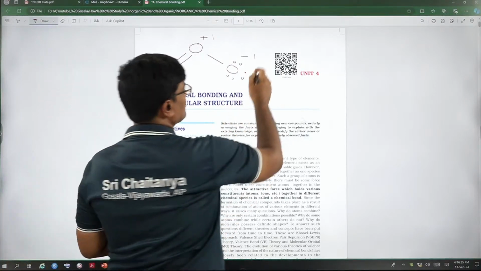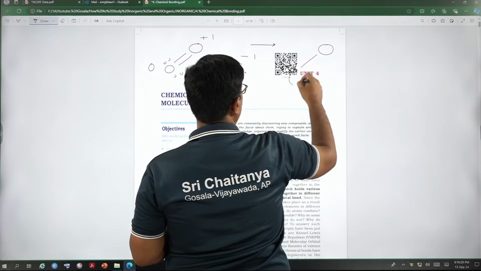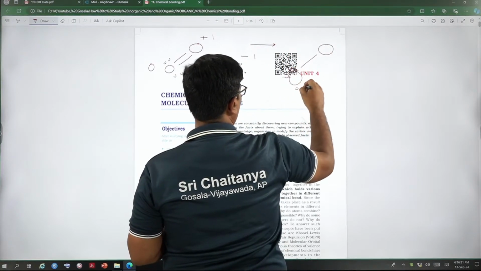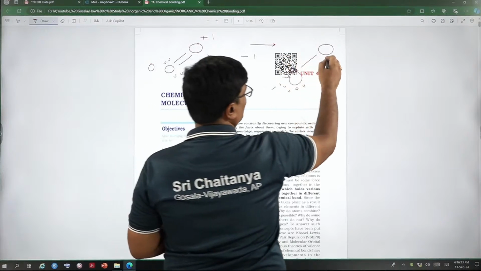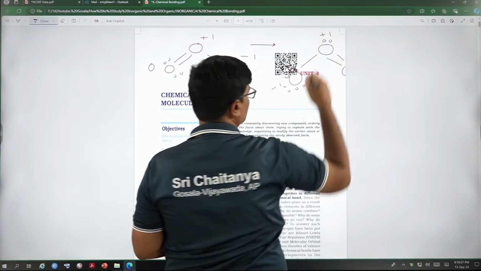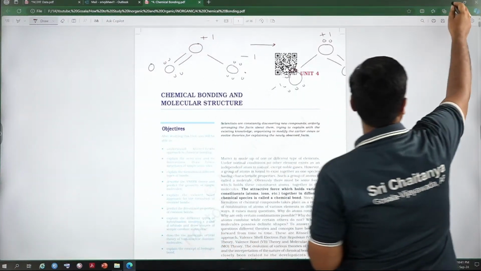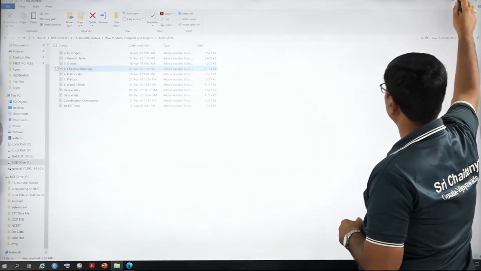For example, the ozone structure can also be written like this, that we know. Ozone structure can also be written like this. So due to the resonance, the formal charge on oxygen can be shared. Okay, for example, let me write in the notes.